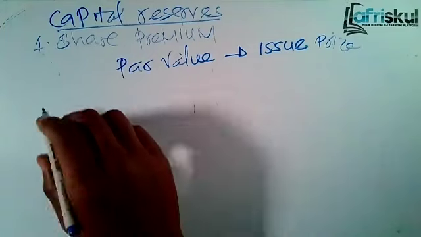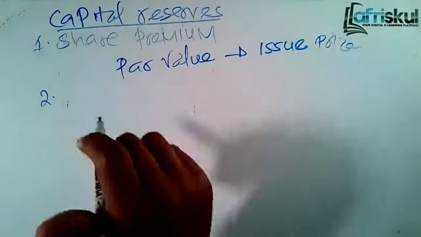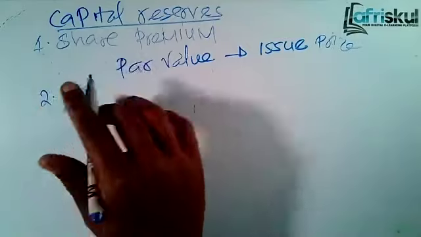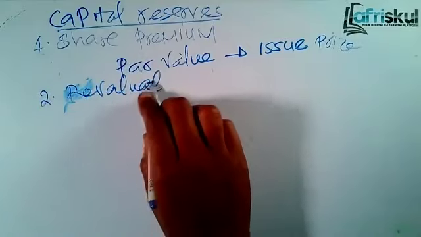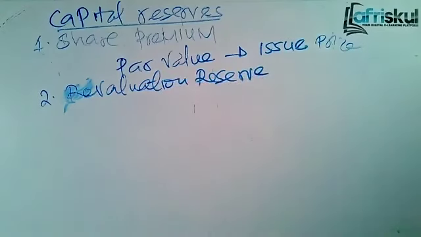We have also number two, on the part of the capital reserves, what we call the revaluation reserve. Now, revaluation reserves, in this case, will occur majorly on the non-current assets, that is basically the land and buildings.